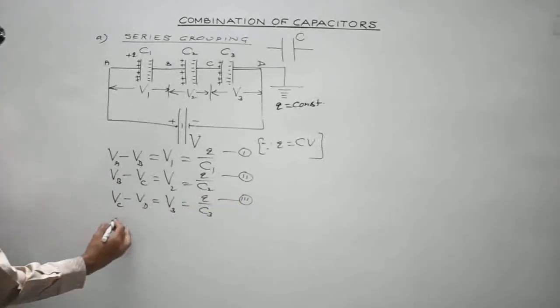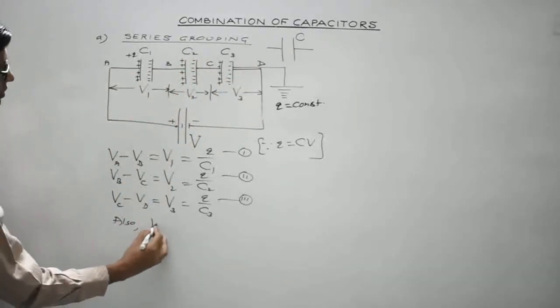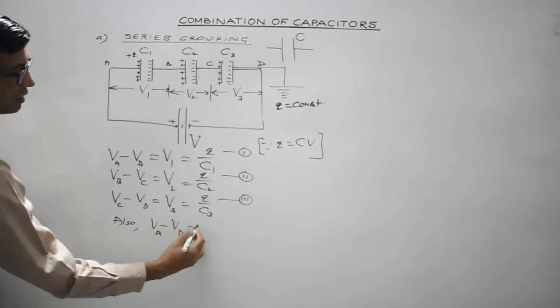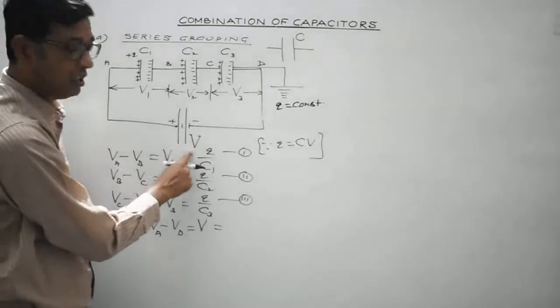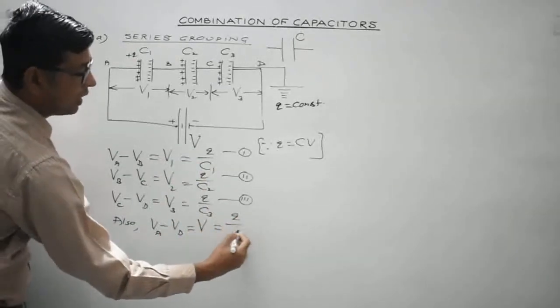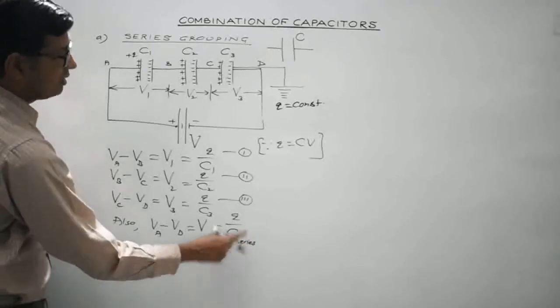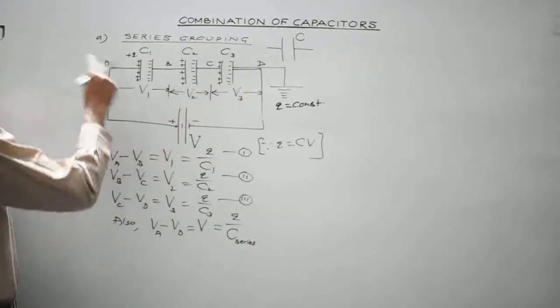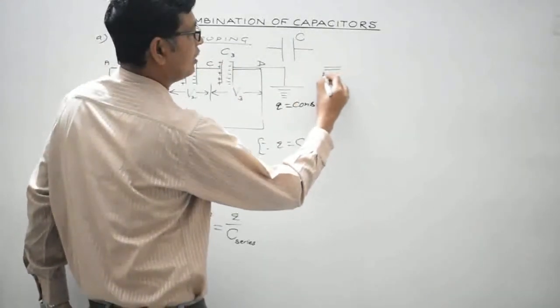Also, the potential difference between the points A and D, VA minus VD, is equal to V, which would be equal to Q by C series. C series is the equivalent capacitance of the series grouping. So what I mean to say is that this circuit is equivalent to this circuit.